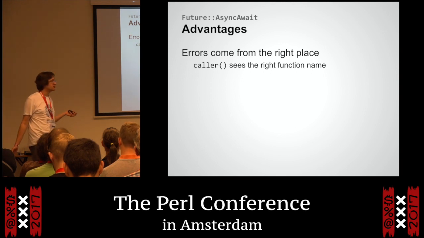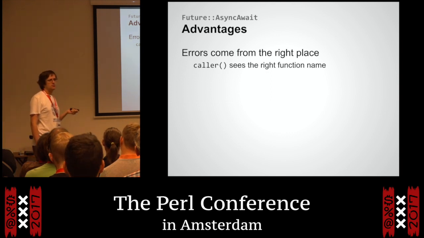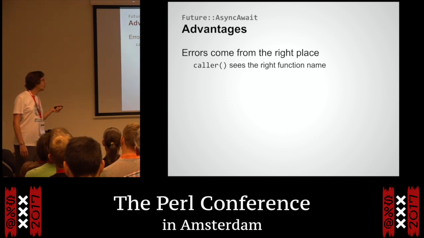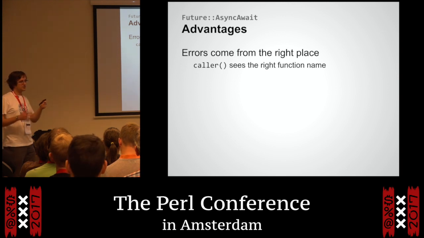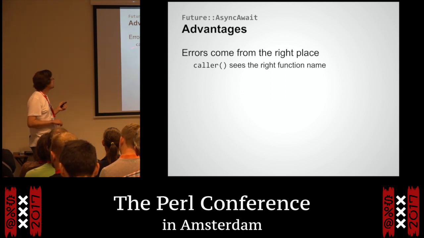It has a name. So if for some reason you die, well, actually die won't print the function name, but if you croak or call some kind of function that's going to return an error message that includes the name of the function, rather than seeing all these __ANON__ everywhere, you see the right name, because it's still the same function.